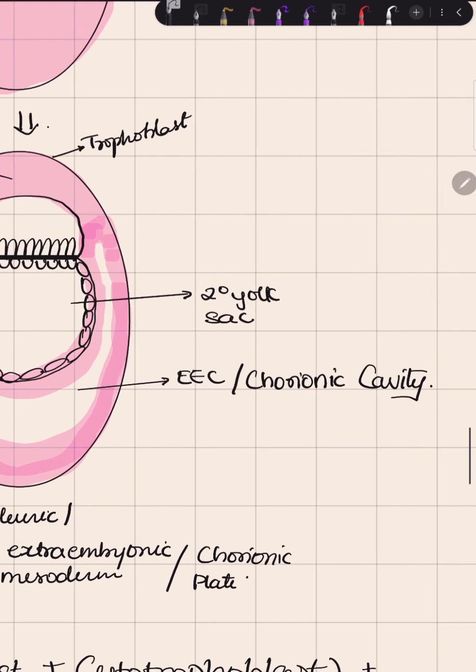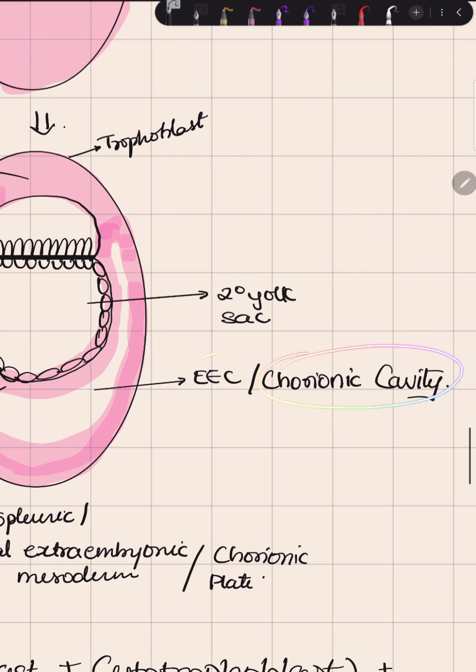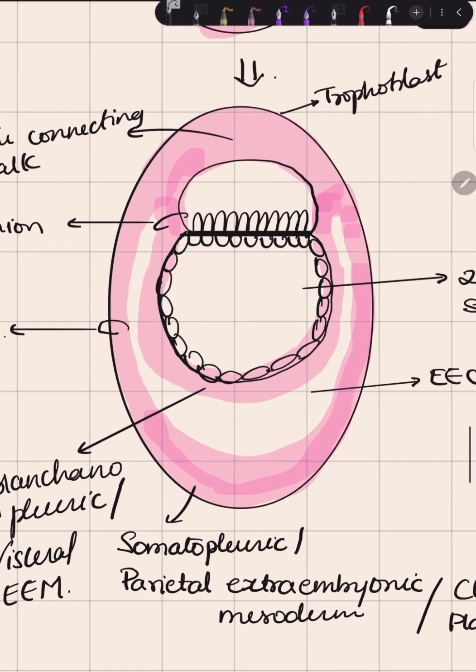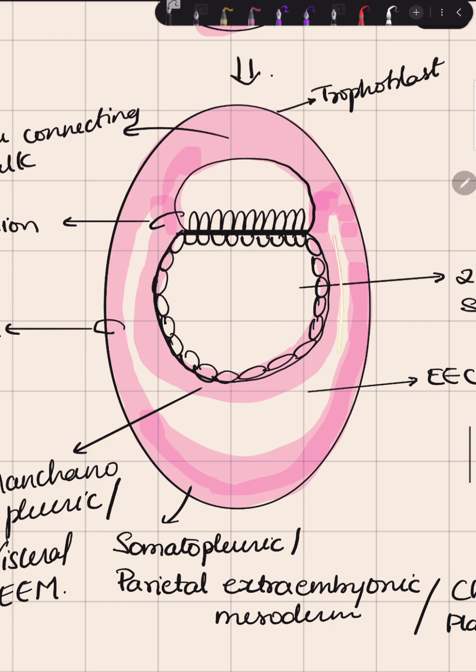It is also called the chorionic cavity. Due to this cavity, the extraembryonic mesoderm is over here and over here as well, so it is divided into two layers.